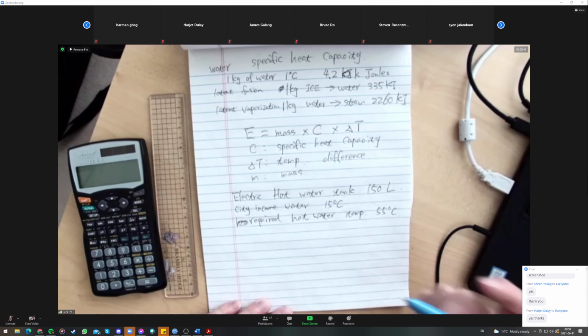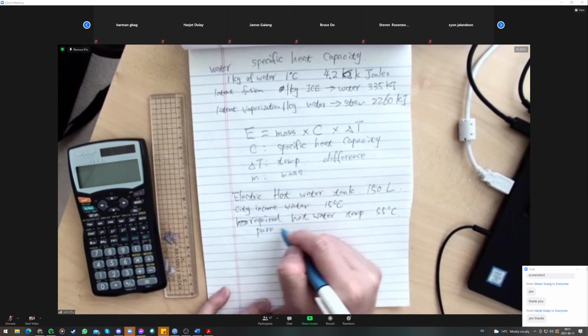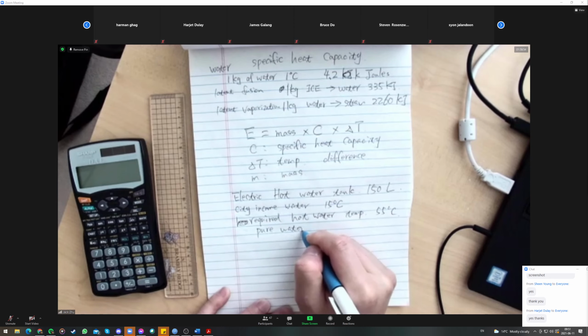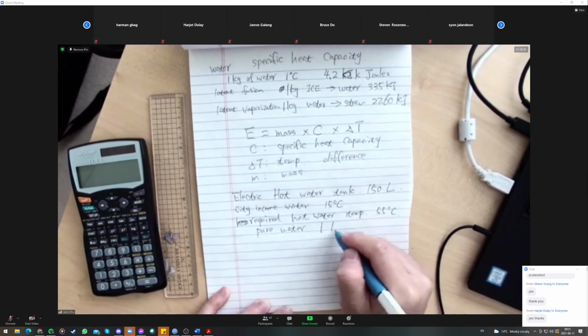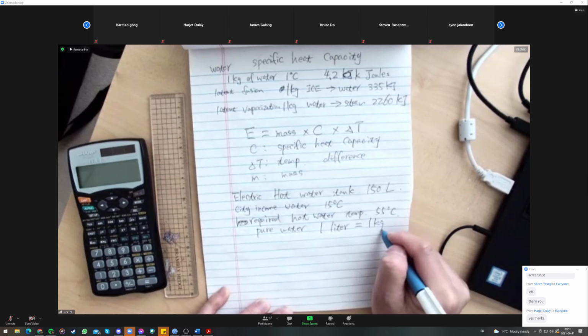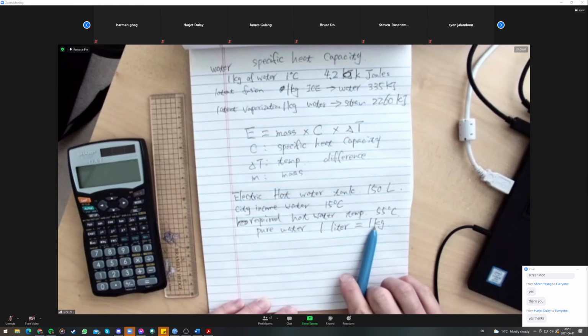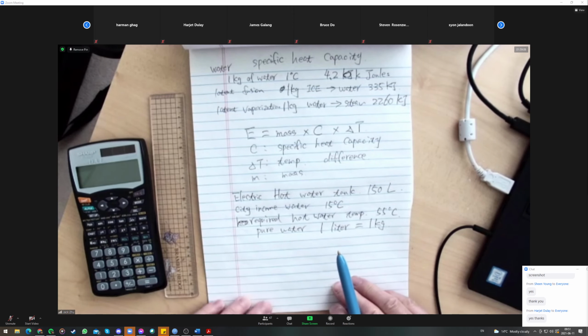One thing you know or you don't know, for pure water, 1 liter of water equals 1 kilogram. That's the volume converted to the mass.